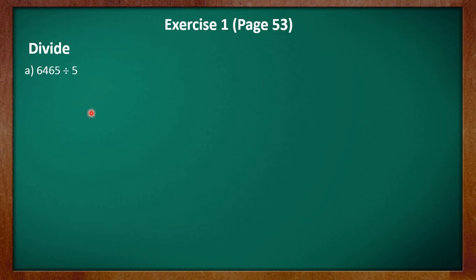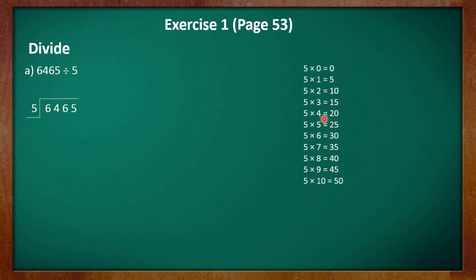Now kids, here 6,465 is your dividend and 5 is your divisor. So that means we have to read the table of 5 in order to divide 6,465. So let's do that.